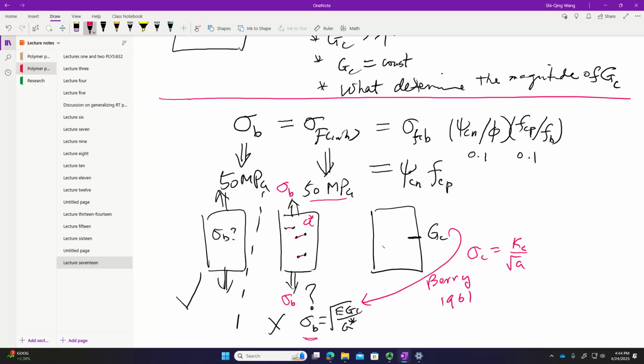Flaw infected, meaning flaw dictated. Because that variation speaks about the fact that 100 samples have different flaw sizes. So generally, it's not wrong to think so if sigma b varies 10 times or even more. Window glass does that.